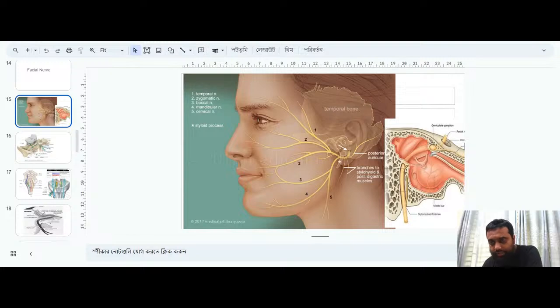But roll number 19 is still not answering the question. The upper motor type of lesion has wrinkle in the forehead. Why? Let me explain to you that upper motor type, but 19 is not answering the question. Can you hear me?